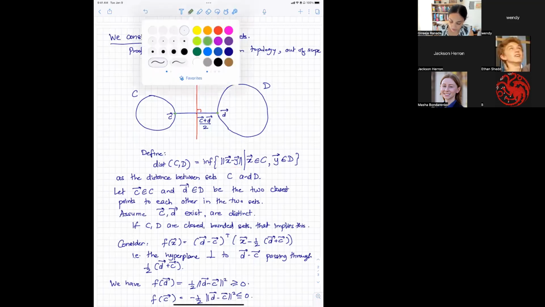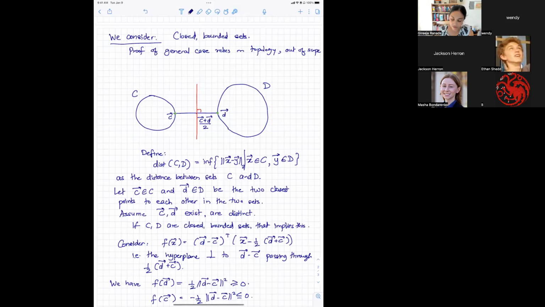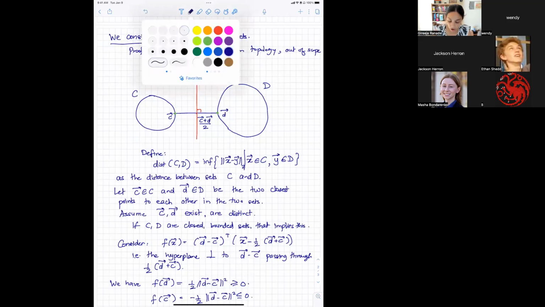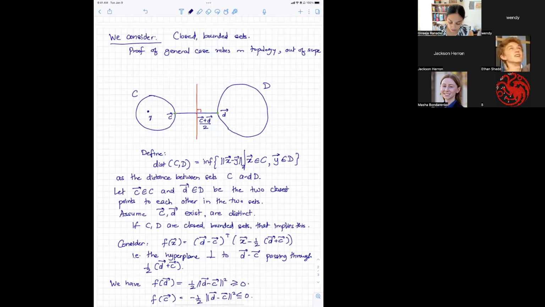So in particular, I want to think about the 2 norm, the infimum over all points X, where X belongs to C and Y belongs to D. So I'm going to consider all different points here. So there's some point X here, and some point Y here, and maybe some other point X, and some other point Y. And I'm going to look at the pairwise distances here, here, and so on. And I'm going to identify what is the minimum distance, okay?